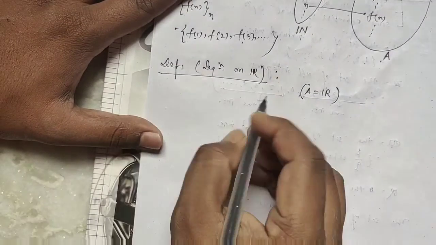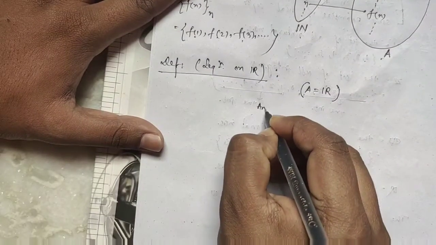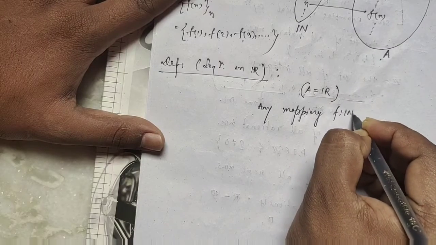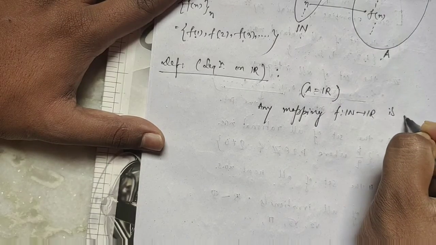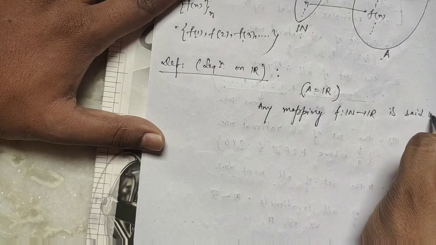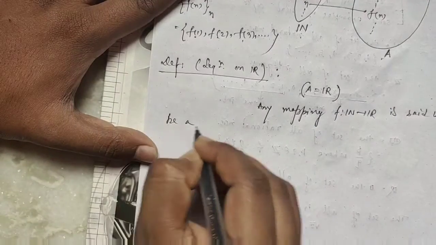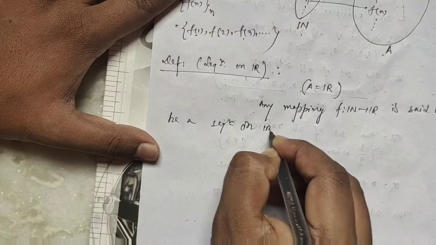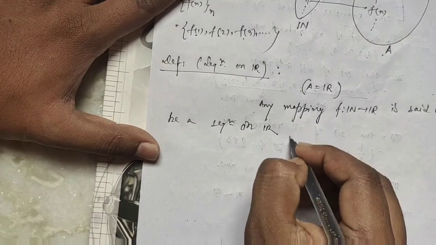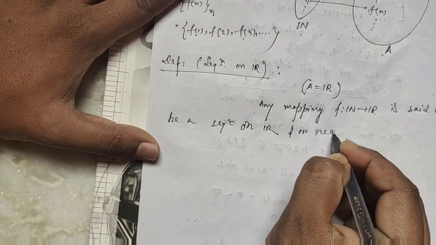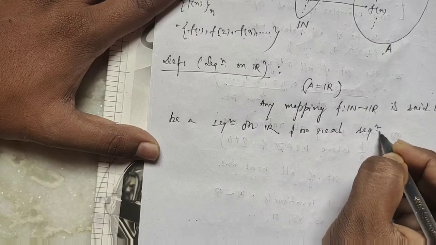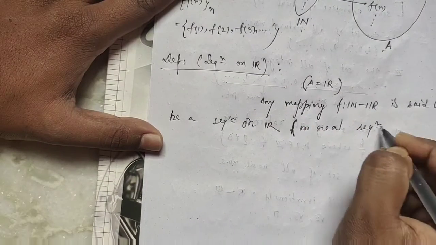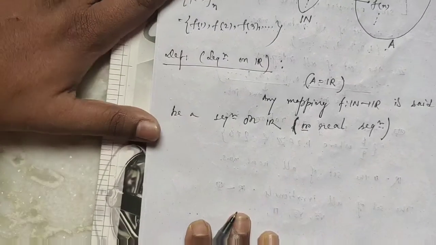So sequence on R means any mapping f from N to R is said to be a sequence on R, or real sequence.